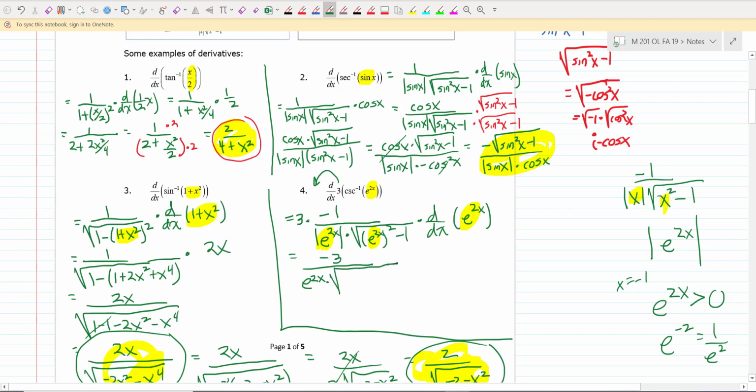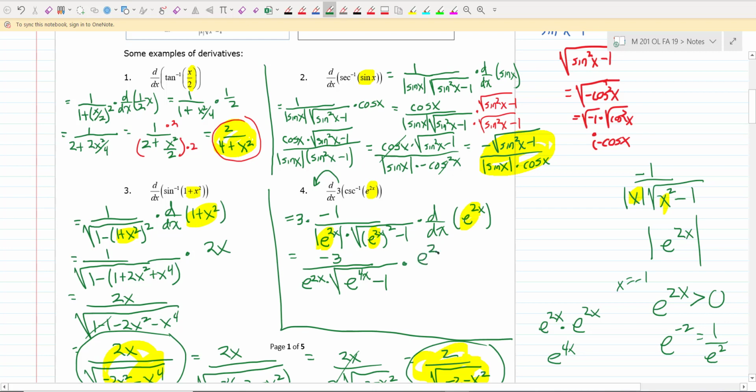And then under the radical, e to the 2x squared. I see students mess up on this a lot. All you're doing is multiplying the exponent. Or if you wrote it out twice, you're adding that exponent. 2x plus 2x is 4x. So that's going to be e to the 4x minus 1. And then when we do the derivative of e to the 2x, we do a chain rule on this.